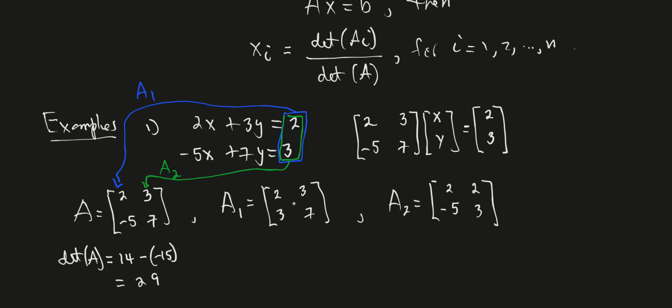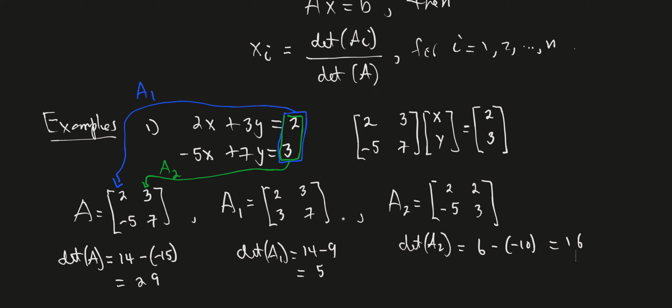The determinant of A1, this one is 14 minus 9, so that's 5. And then the determinant of A2, that is 6 minus negative 10, so that is 16.